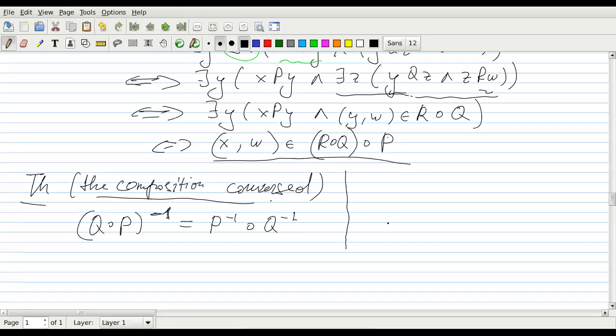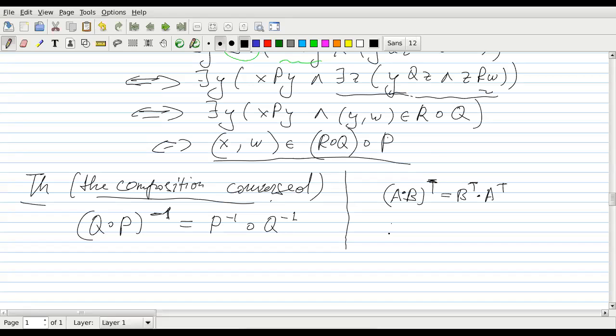By the way, do you have matrices in other courses? Yes. Of course. And do you remember what is the transpose of the product of two matrices? It's B transpose times A transpose. Exactly the same. Do you have inverse matrices?